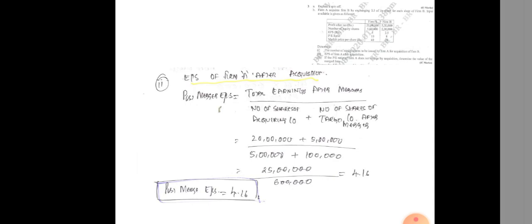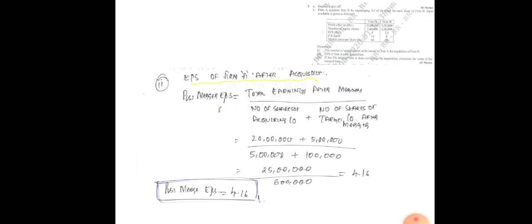Now let's move on to the second sub question. In the second sub question, we need to calculate the EPS of firm A after merger, or the merged company EPS, or the post merger EPS, what we call here, right? To calculate the post merger EPS, the formula goes like this. The formula is the total earnings after the merger, that is the earnings of company A, the acquiring company, plus the earnings of the target company, right?